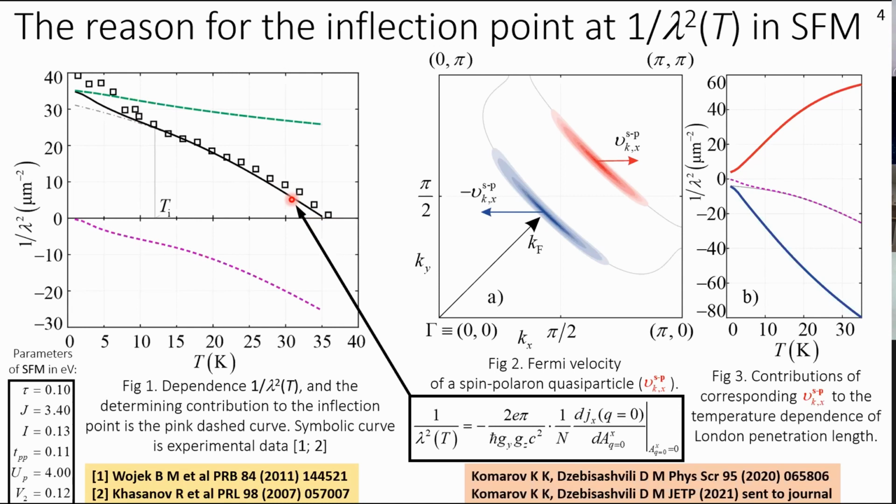So the term that determines the pink curve on figure 1 has the derivative of the Fermi function. The presence of the derivative of the Fermi function means that the main contribution to these integrals comes from the region of the intersection points of the Fermi surface and the nodal line.